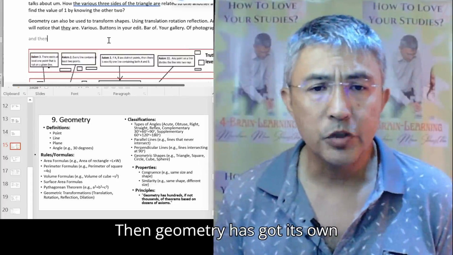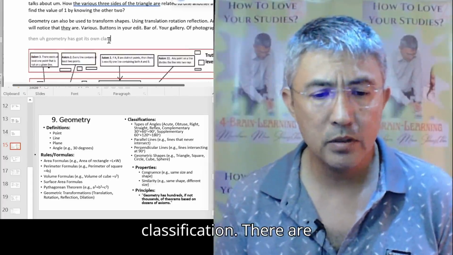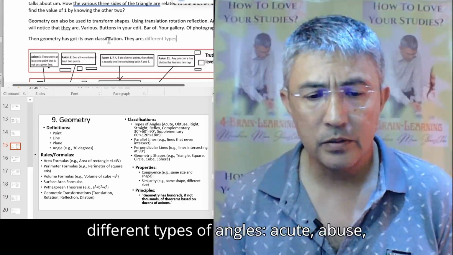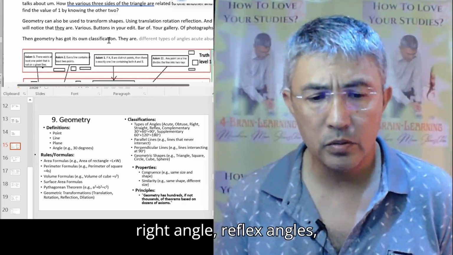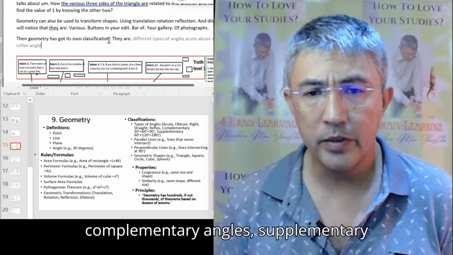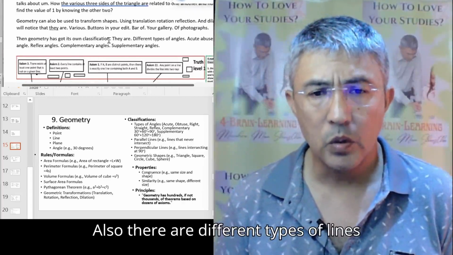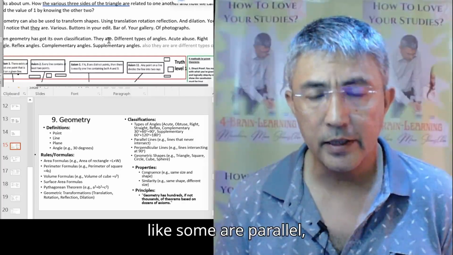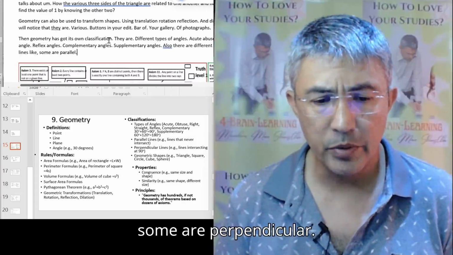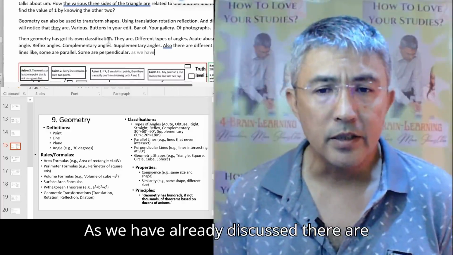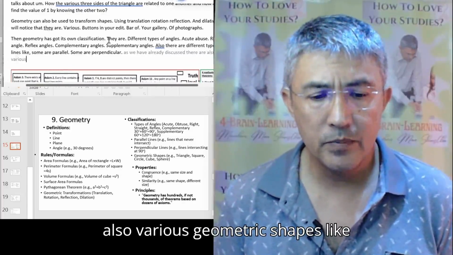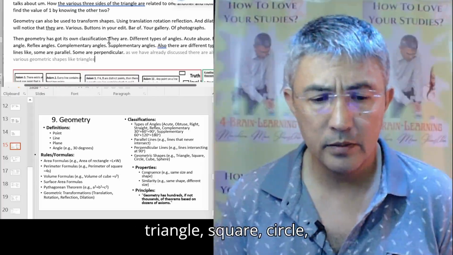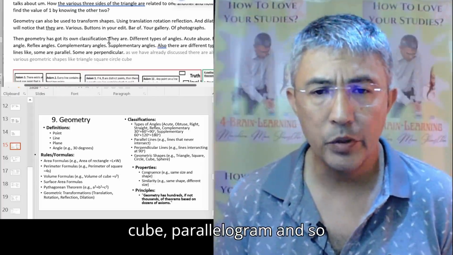Then geometry has got its own classification. There are different types of angles: acute, obtuse, right angle, reflex angles, complementary angles, supplementary angles. Also, there are different types of lines, like some are parallel, some are perpendicular. As we have already discussed, there are also various geometric shapes like triangle, square, circle, cube, parallelogram, and so on.